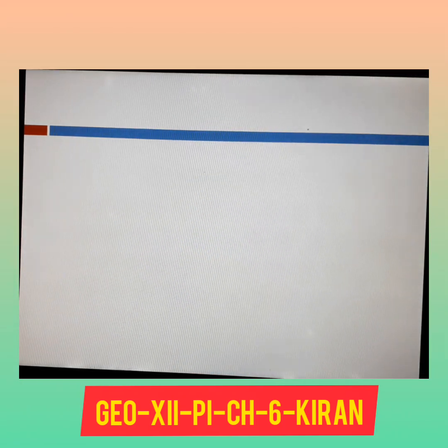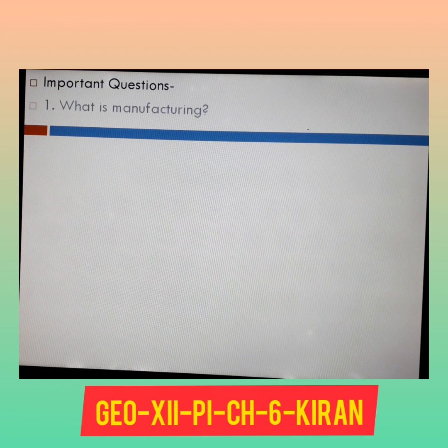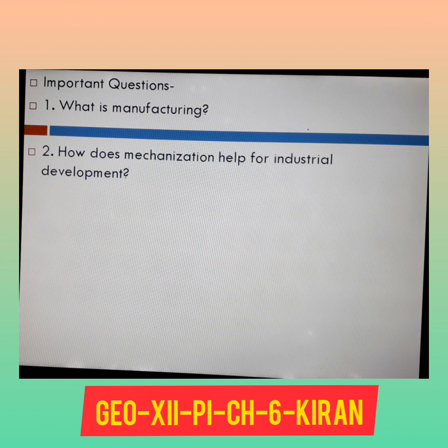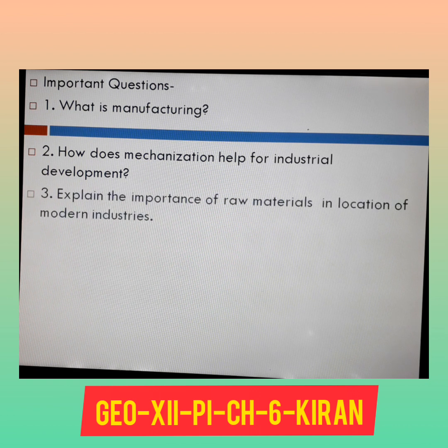Now, some of the important questions from this chapter. First one, what is manufacturing? Second, how does mechanization help for industrial development? Third, explain the importance of raw materials in location of modern industries.